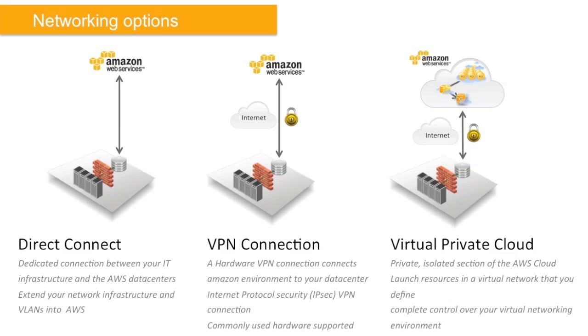So those networking options that I ran through, looking at those in a bit more detail. With Direct Connect, there are Direct Connect locations around the world that are directly connected by fiber to the Amazon Web Services region. From that location, you can work through our partner network to connect up the last mile, so to speak.